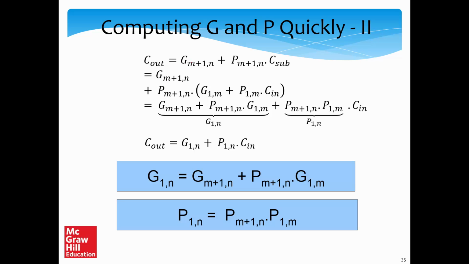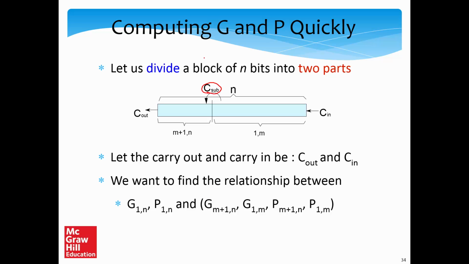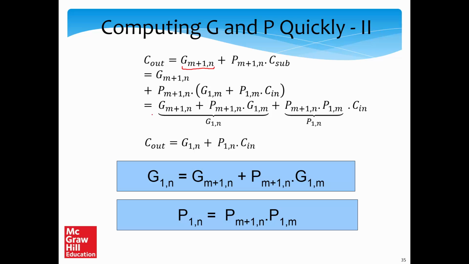So the final carry out, how will we compute it? Either this block over here of n minus m bits is generating, in that case we'll have a carry out, or it is propagating the carry that has come from its right, which is C sub. Those are the only two ways in which we can get a carry out.